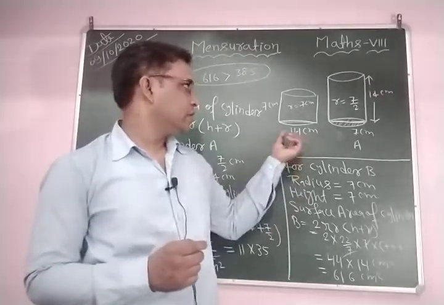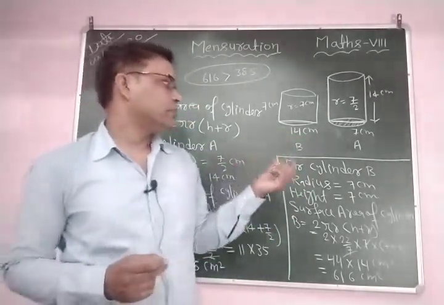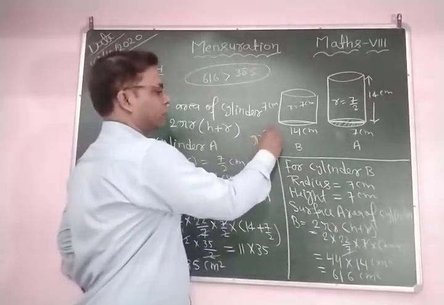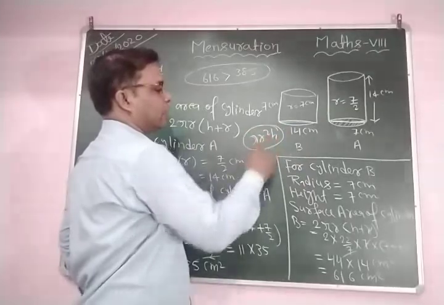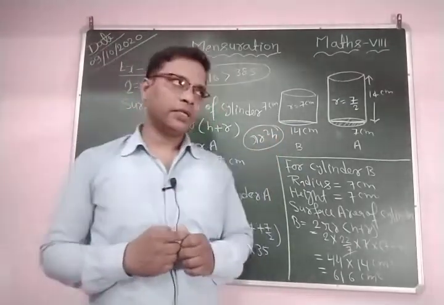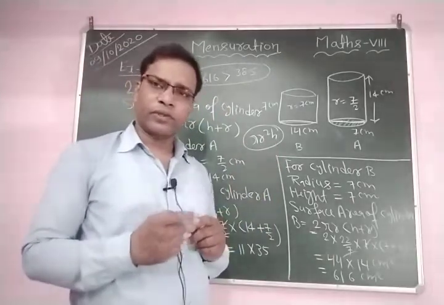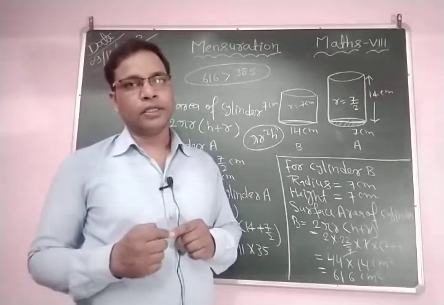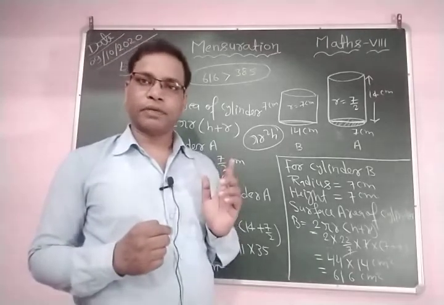The volume of cylinder is pi r square h. So here r is multiplied 2 times, but height is 1 time. So according to this formula, we can say if a cylinder has greater radius, then the cylinder has greater volume.